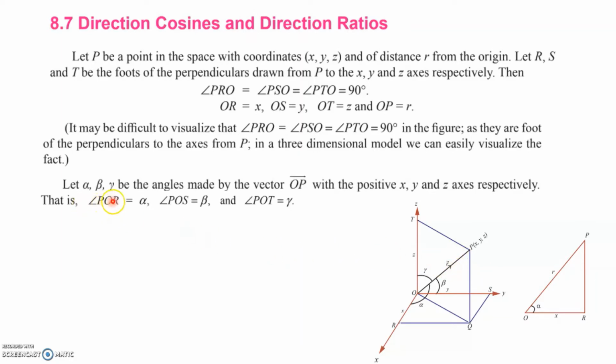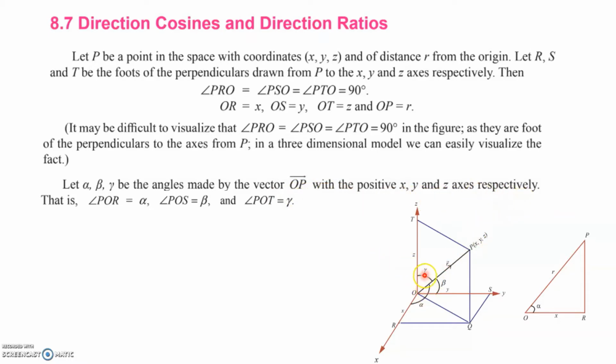Let alpha, beta, and gamma be the angles made by the vector OP with the positive x, y, and z axis respectively.